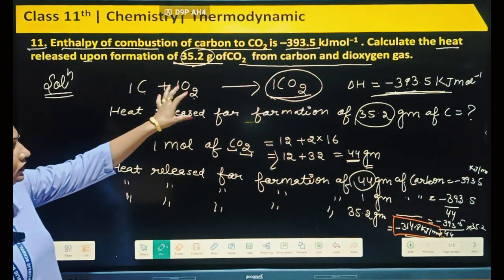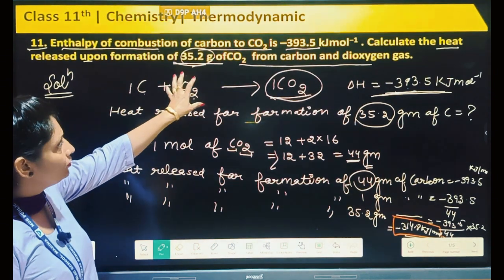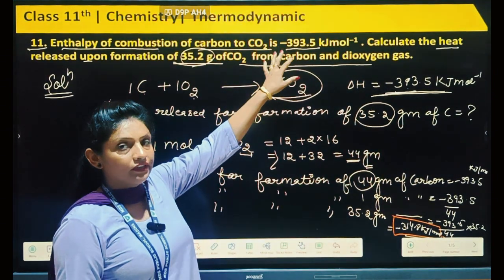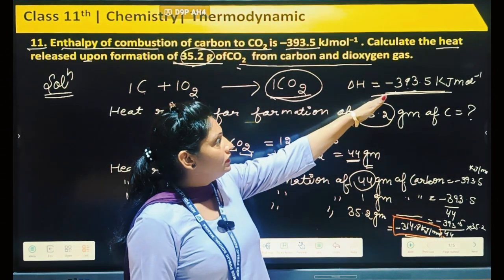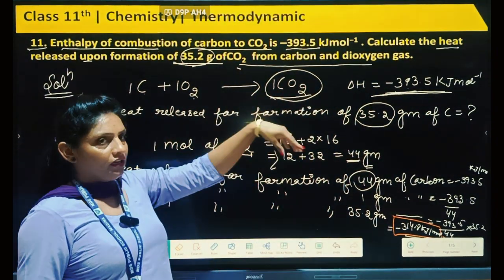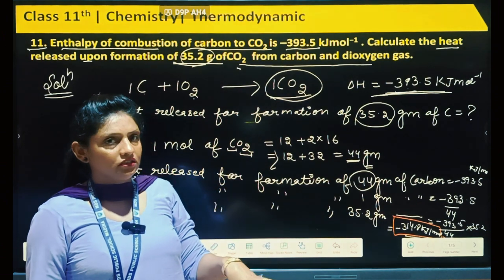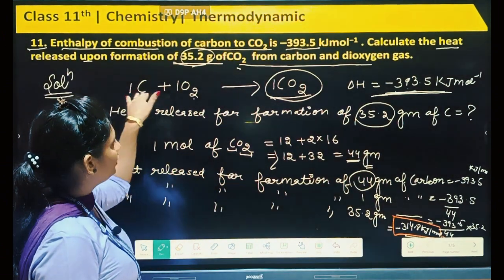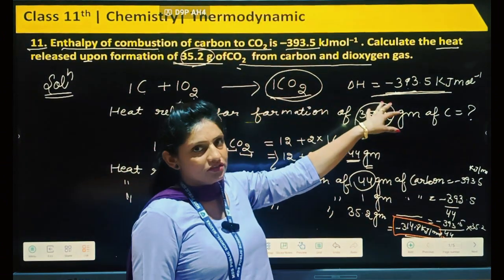Here, combustion of carbon gives us carbon dioxide. For that, enthalpy is given to us. So we will write the equation for that. After writing the equation, you will balance the equation. But fortunately here, we already have a balanced chemical equation.